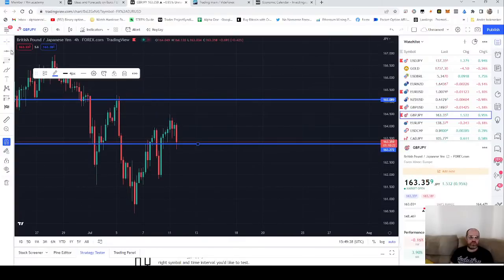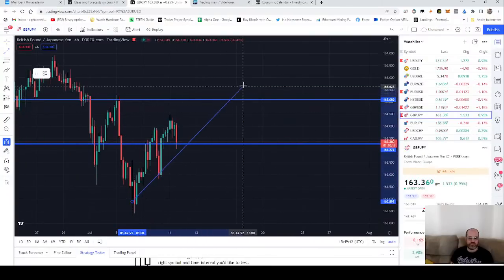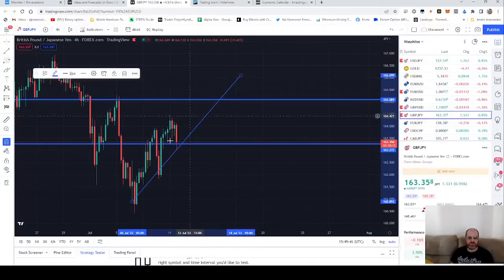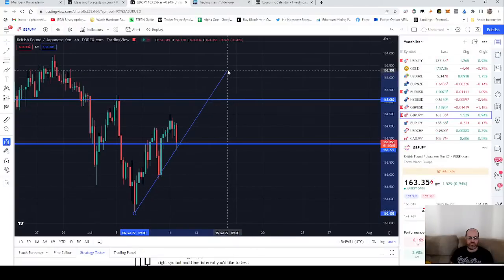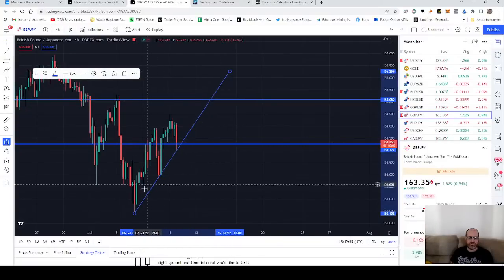We can also make a trend line here. Let's see if we can get it quite good. Let's change it a little. Something like this. So you see, and also we can make one at the top here.